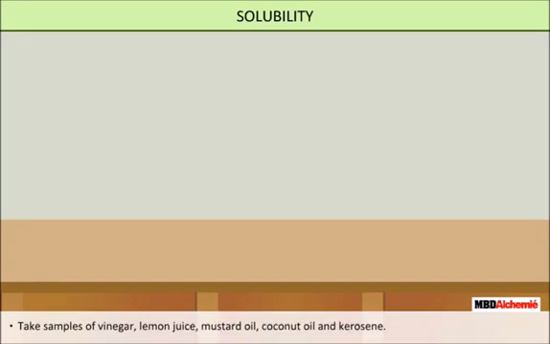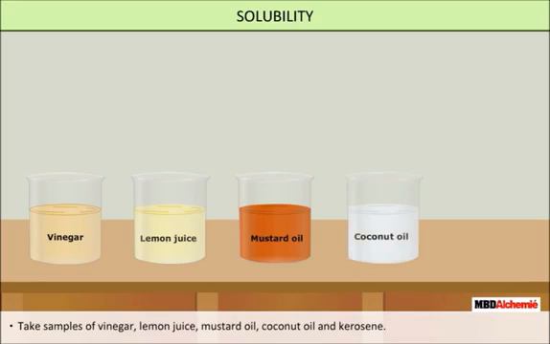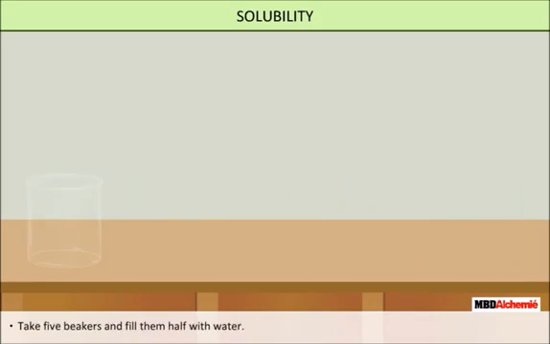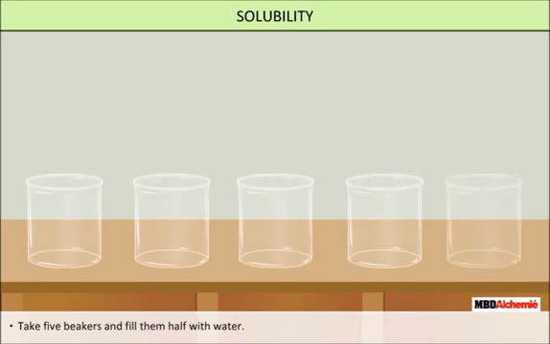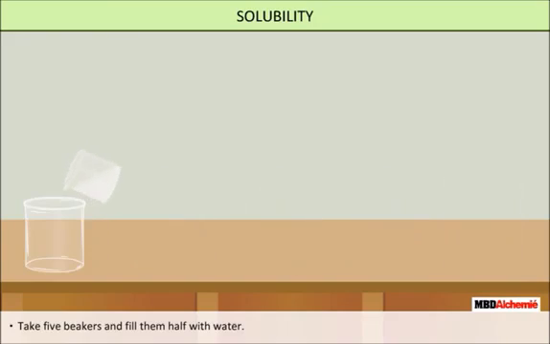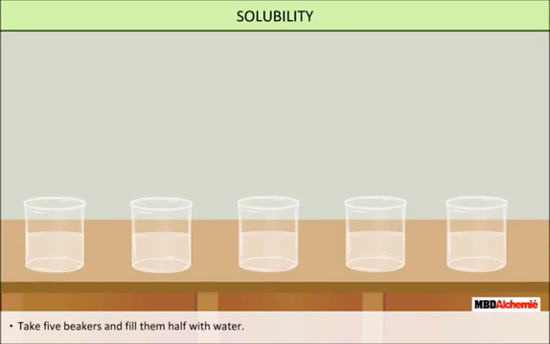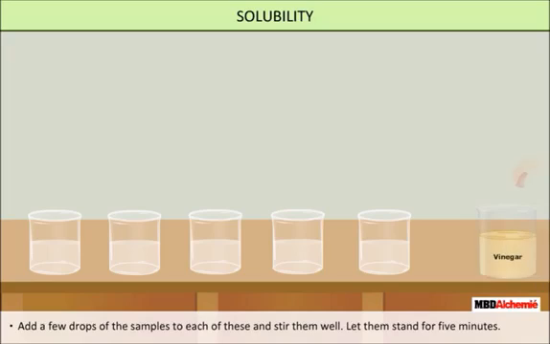Solubility. Take samples of vinegar, lemon juice, mustard oil, coconut oil, and kerosene. Take 5 beakers and fill them half with water. Add a few spoonfuls of the samples to each of these and stir them well. Let them stand for 5 minutes.